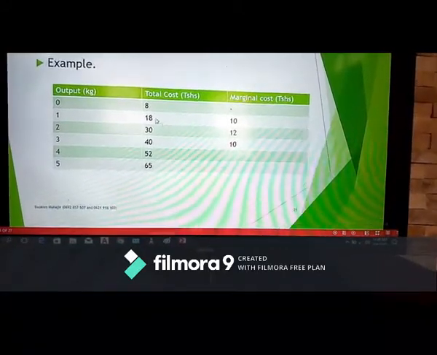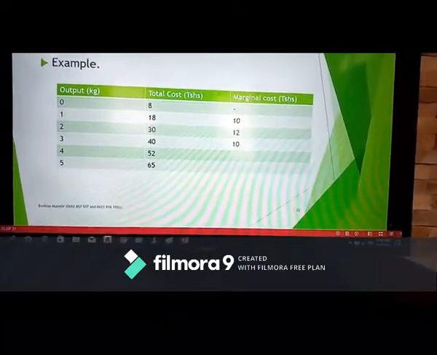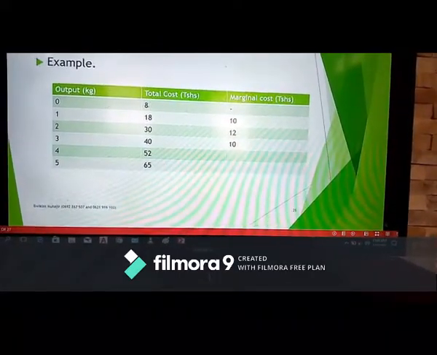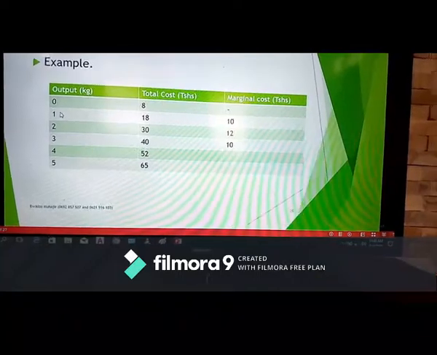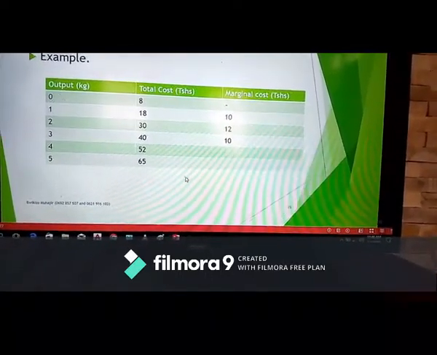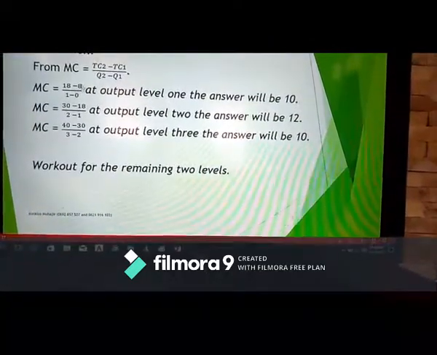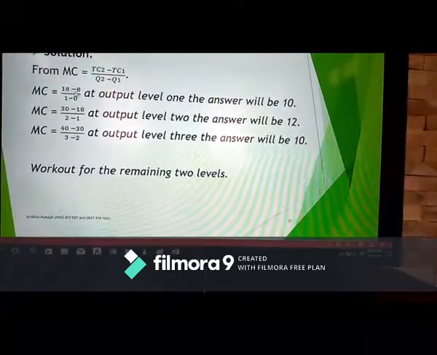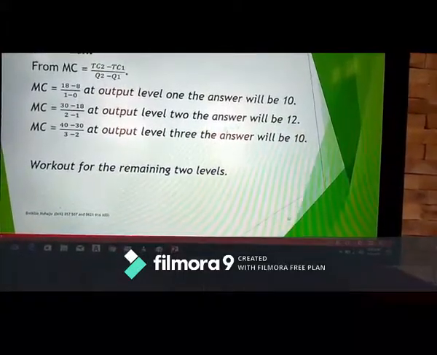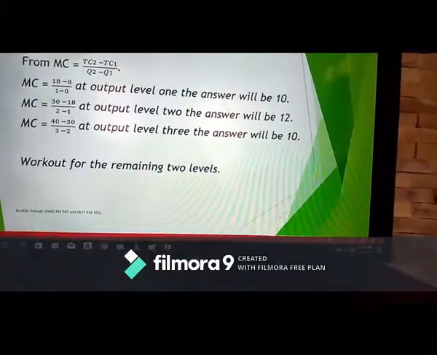But under this level 1, this 18 will act as TC2, this 8 will act as TC1, this one will act as Q2, while this 0 will be Q1, as you can see here. So we take 18 minus 8 over 1 minus 0. Our answer here will be equal to 10.